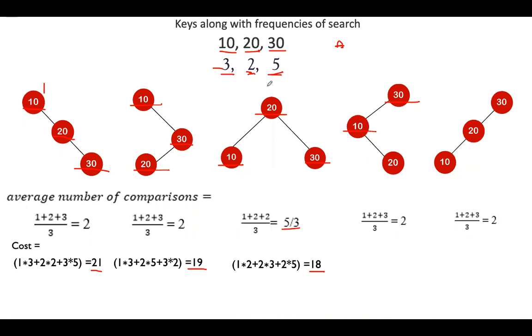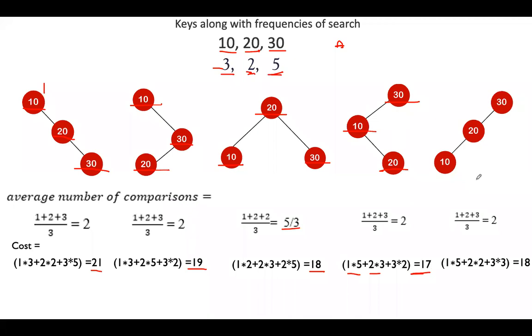Frequency is 3. 2 into 3. 20, 3 comparisons, frequency is 2. So 1 into 5, 2 into 3, that is 10 is compared 2 times, its frequency is 3, plus 3 into 2, that is 20 is compared 3 times, its frequency is 2, so cost is 17.